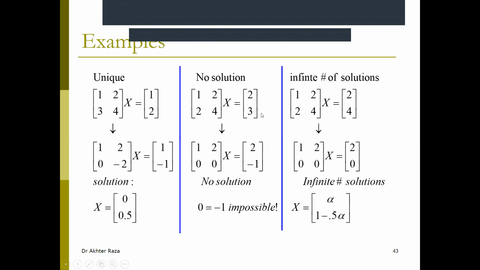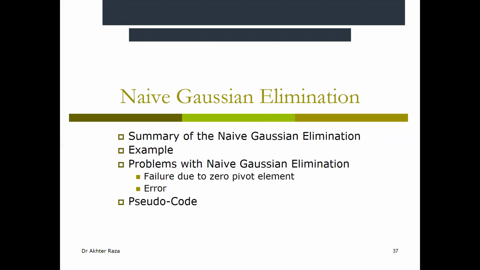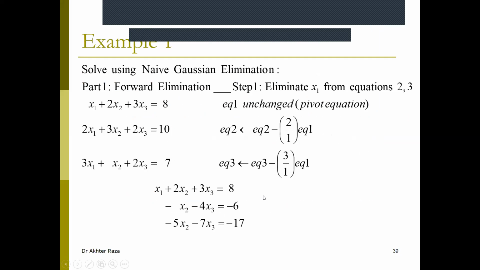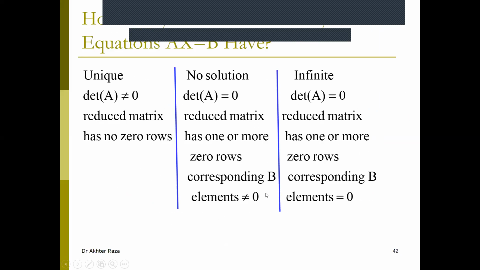Suppose we have some numbers which are already zeros. These are the two steps, and one complete example is solved.